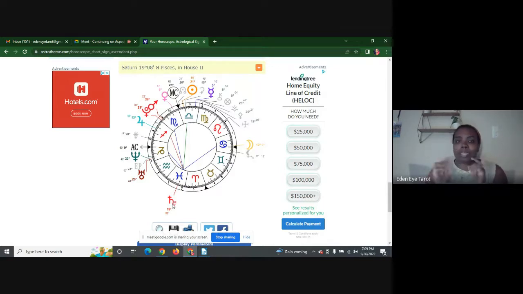But the question is, which planet has the most influence? When we look at this, we're going to look at Jupiter first. We look at Jupiter first because if we take Jupiter into the center of the circle, imagine your Jupiter in Sagittarius.